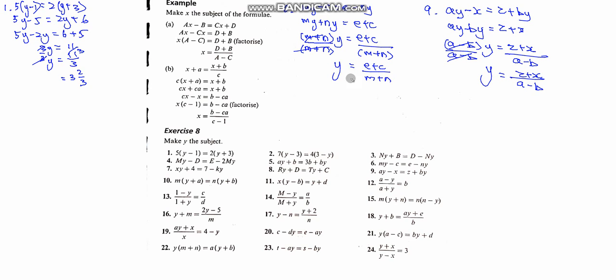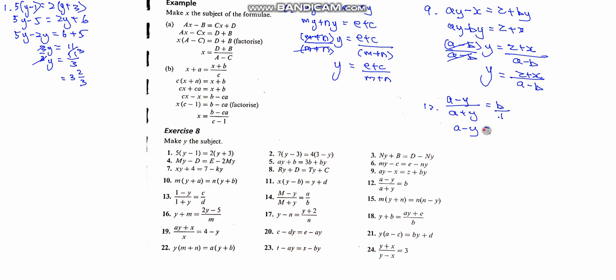Now, let's go and do some which are even more complicated. What about this? Okay, 12. 12 is a minus y and then a plus y equal to b. Now same step. I multiply, this time this, this time this, but this time this remains the same.